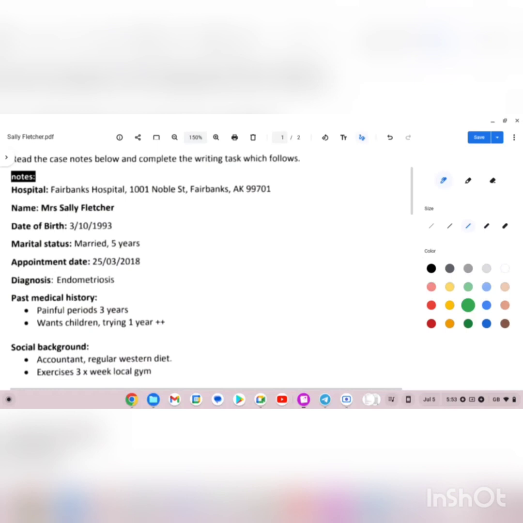The appointment date is 25th of March 2018 and the diagnosis is endometriosis. This is all important information, because you need to mention the patient's date of birth, the date of admission, the diagnosis and so on.